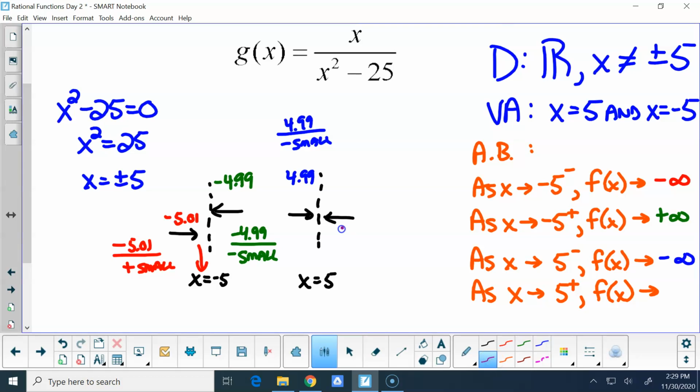And lastly, over here we have like 5.01. So we end up with 5.01 divided by, squared is going to be just a little bit bigger than 25. So this is going to be a positive small number. And so that's going to go to positive infinity.